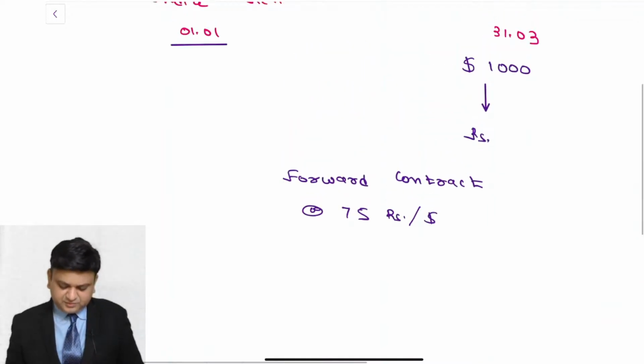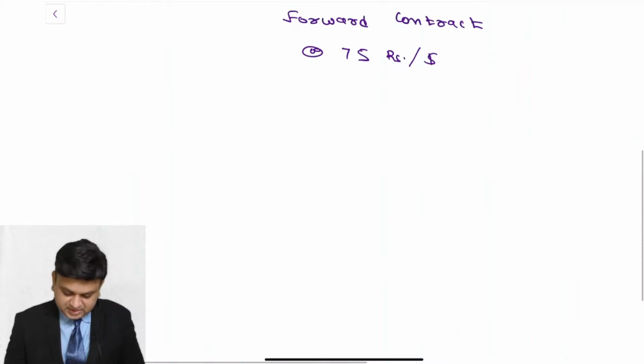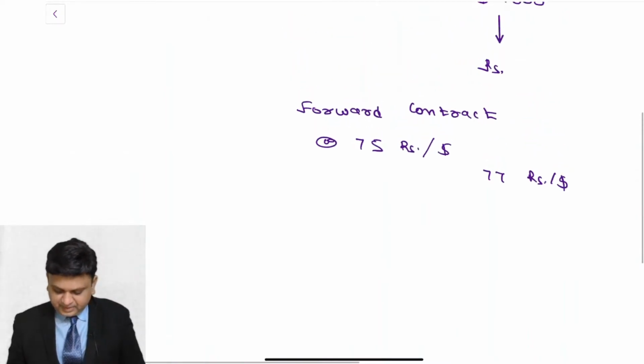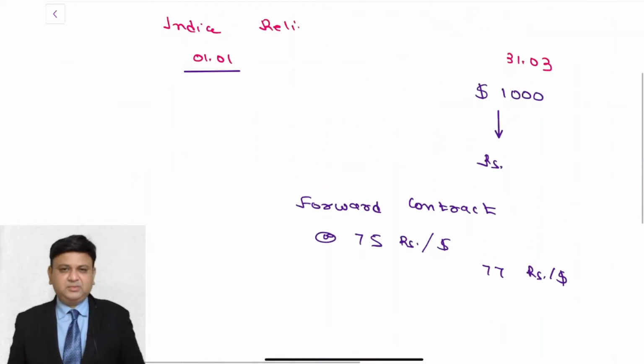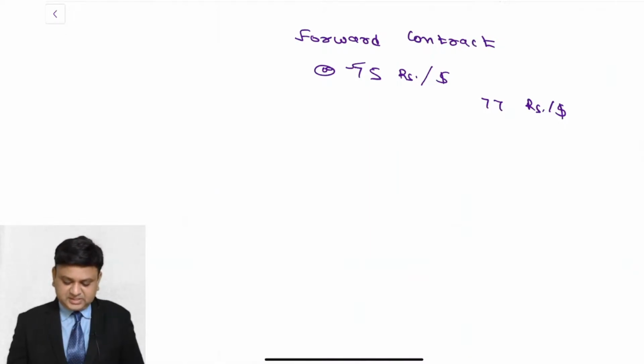Now on 31st of March, let us assume that the spot exchange rate is 77 rupees per dollar. Then from Reliance's point of view, things are not favorable. Why? Because it is going to receive only 75 rupees per dollar instead of the 77 rupees it could receive in the spot market.